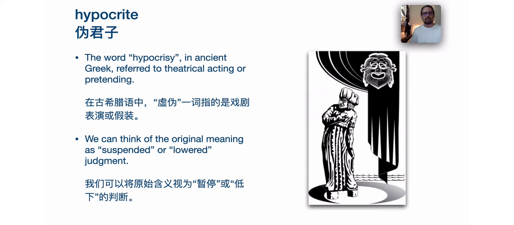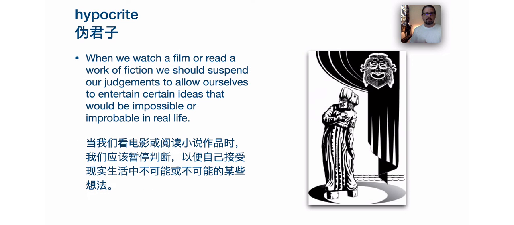When we enjoy fiction, when we watch a film or read a work of fiction, we should suspend our judgment. We should allow ourselves to believe in the impossible, to entertain certain ideas that would be impossible or improbable in real life. So a hypocrite in the original sense was an actor.